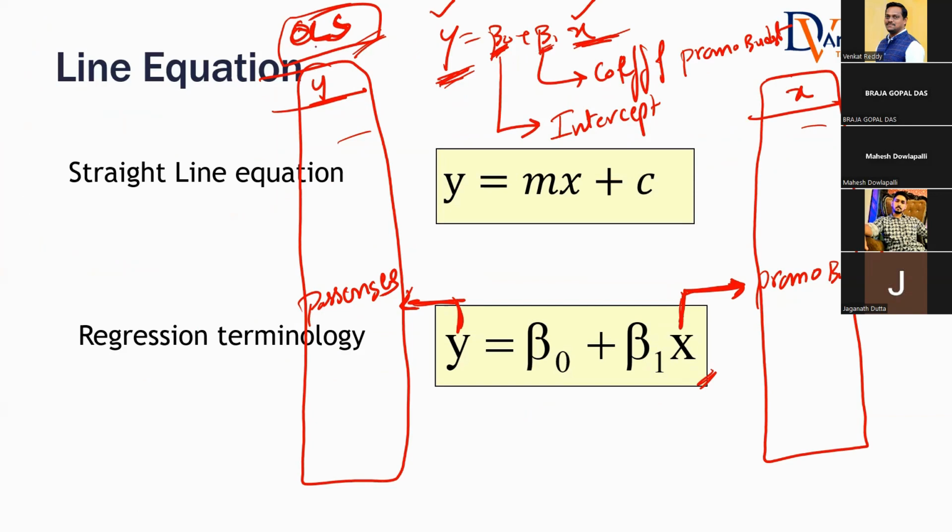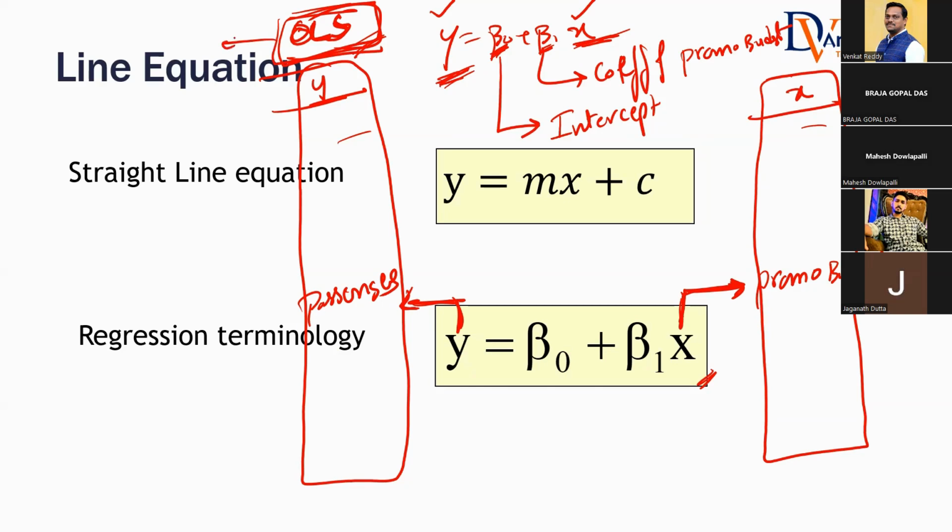Do we get to see this mathematical procedure? No. Do we get to modify it? No. Is there anything under your control? No, nothing. You supply the data, this mathematical procedure will work and give you the result. That is the reason why we did not pay attention to this, because there is nothing that we can do about this. So mathematically, somehow, the beta naught and beta 1 values are calculated.